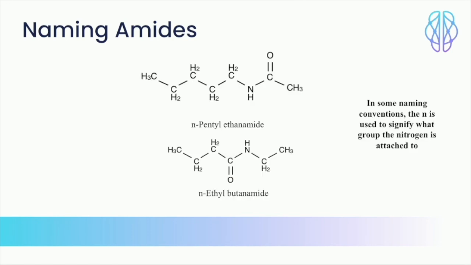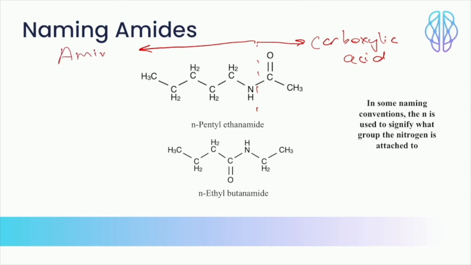The first thing we're going to do is get our amide linkage, which is this thing here, and break it in half, right? Everything on the side of the C double bond O is contributed by the carboxylic acid. Everything on the side of the nitrogen or the NH group is contributed by the amine, right?